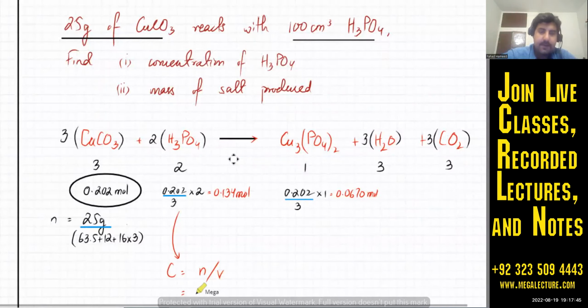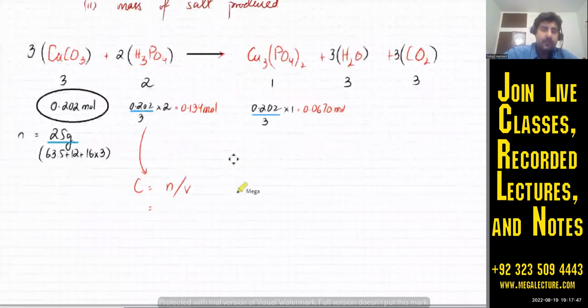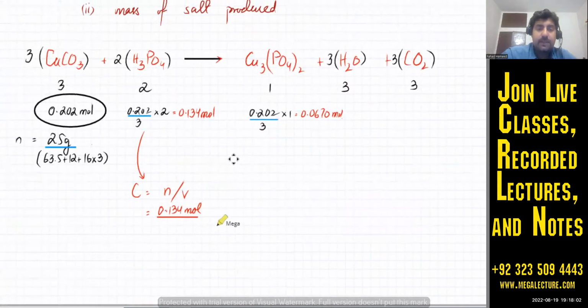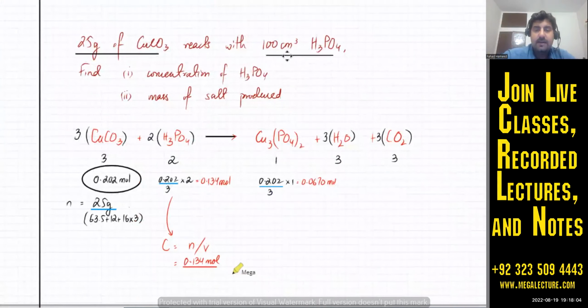We have the moles, 0.134 moles, right? And these moles are present in what volume? The volume was given over there. It's a 100 cm cube solution.